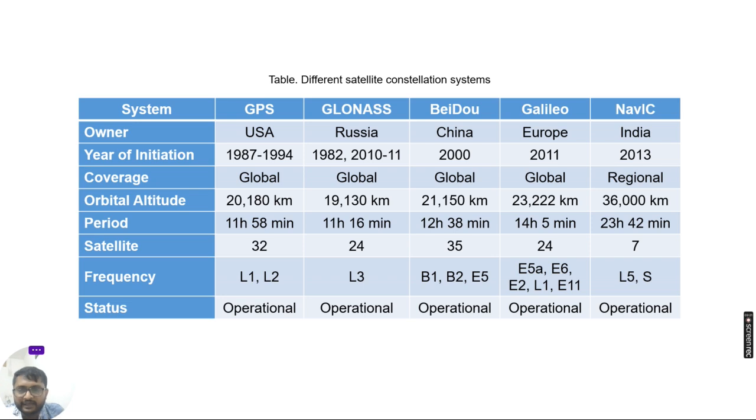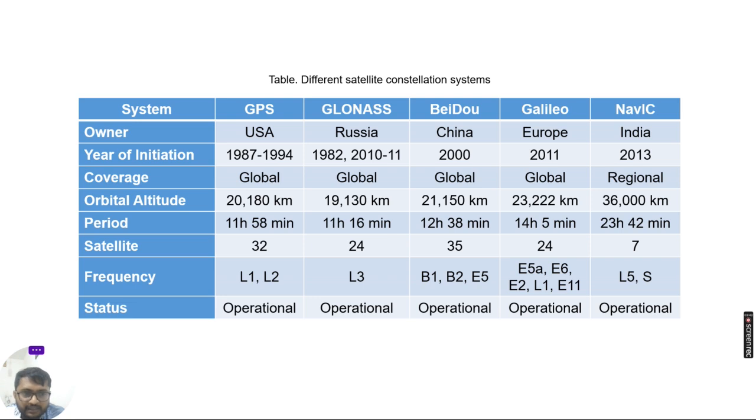Here you can see the various satellite based navigation systems, their owners, their years of initialization, and how much coverage they have. You can see their orbital altitude is approximately 19,000 to 20,000 kilometers.